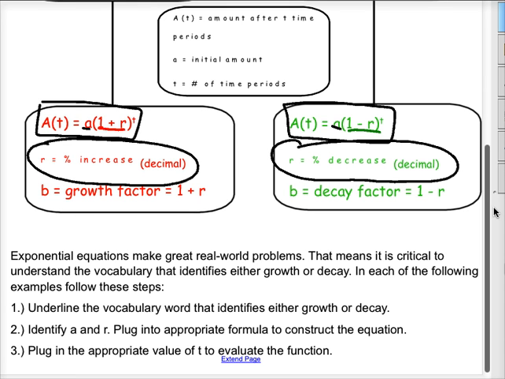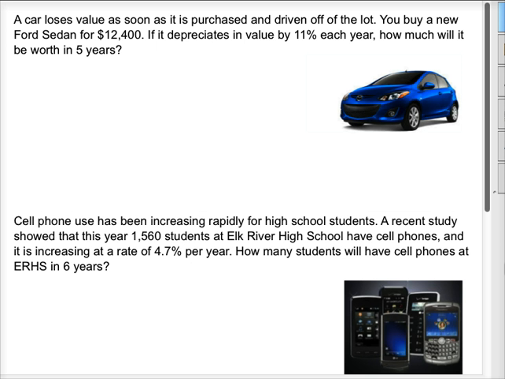So after we identify that vocabulary, you're going to identify A and R, that initial amount and that rate. You're going to plug it into the equation. You're going to find the appropriate value for t. So how many time periods have passed? Plug it in and you'll be good to go. So let's start our first example, shall we?